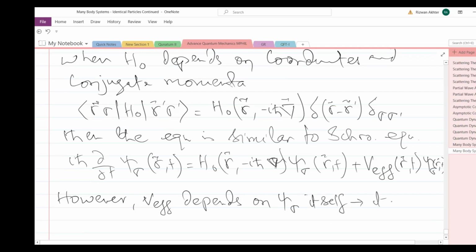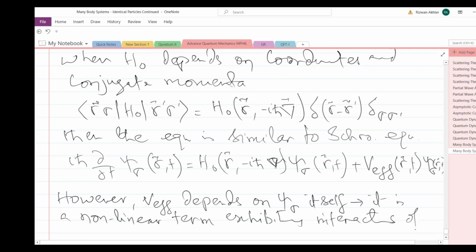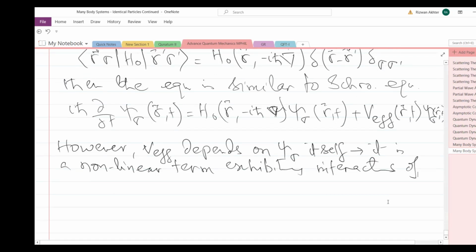Then this implies it is a non-linear term exhibiting interactions of the particle with other particles, with each other.